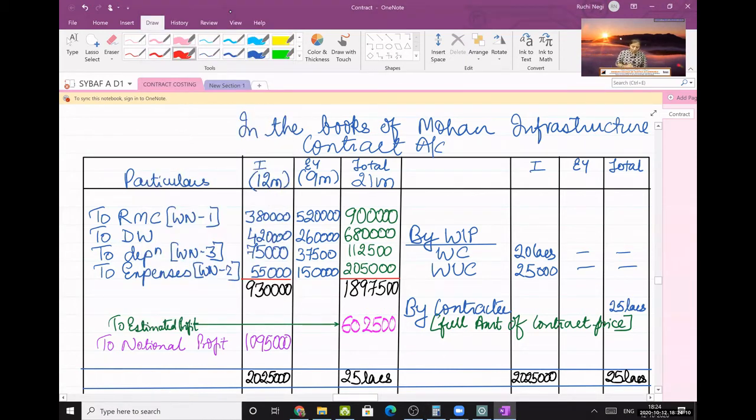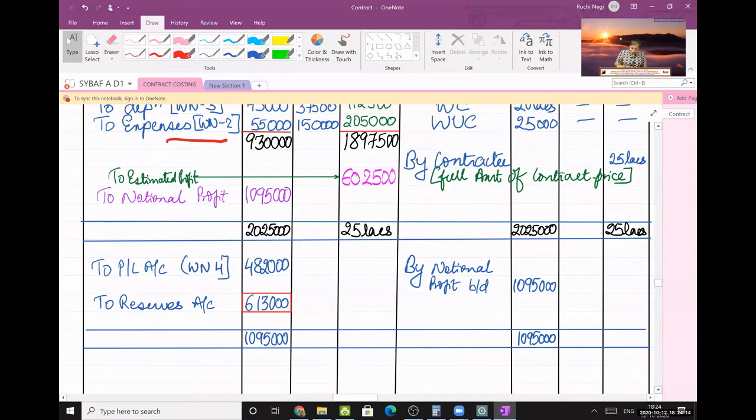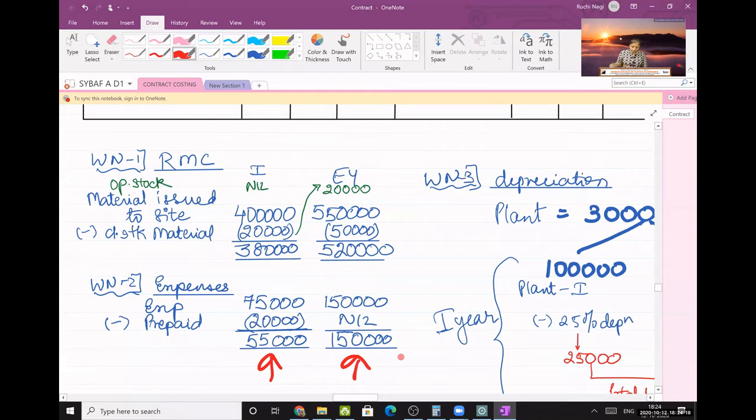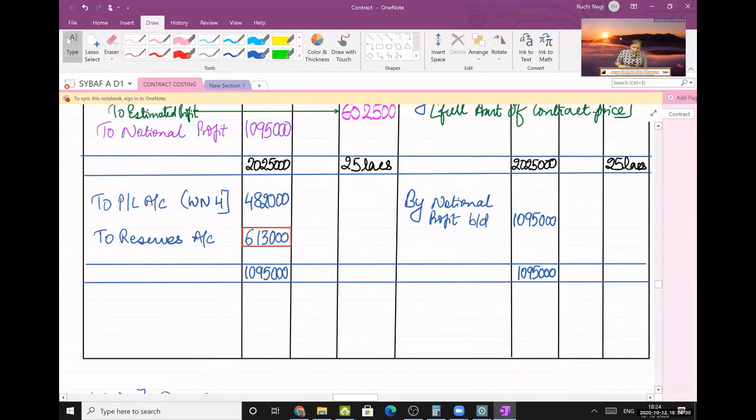Next, depreciation. Let us do first expenses. Prepaid expenses also we have calculated. Yes, this one 55 and 1,50,000. Okay, expenses 75 and 1,50,000. Prepaid is there 20 and 0. So 55 and 1,50,000.